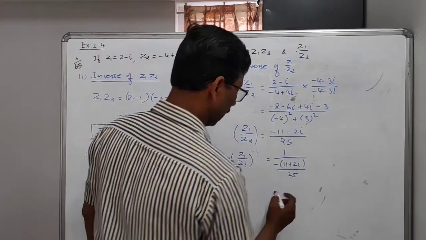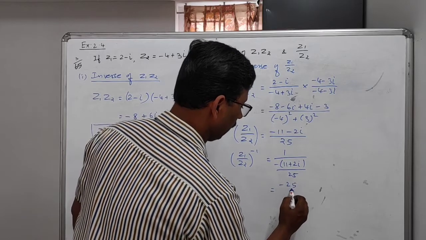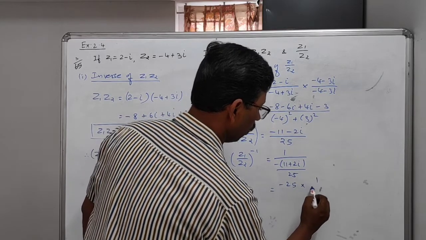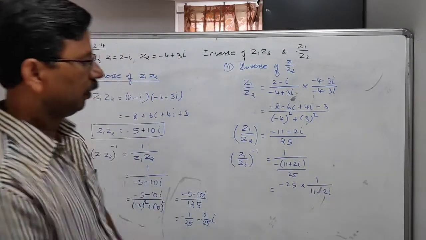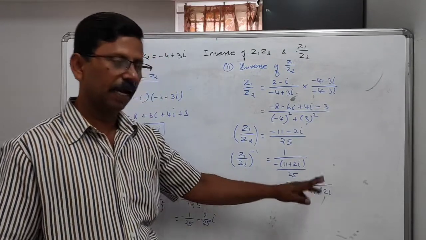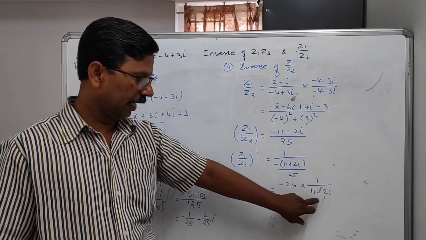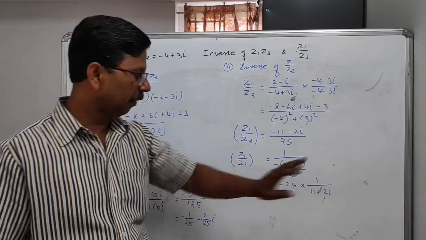Now this can be written as minus 25 into 1 by 11 plus 2i. Now this is 1 by, so as I told, you can write its conjugate in the numerator, and in the denominator the real part square plus imaginary part square.